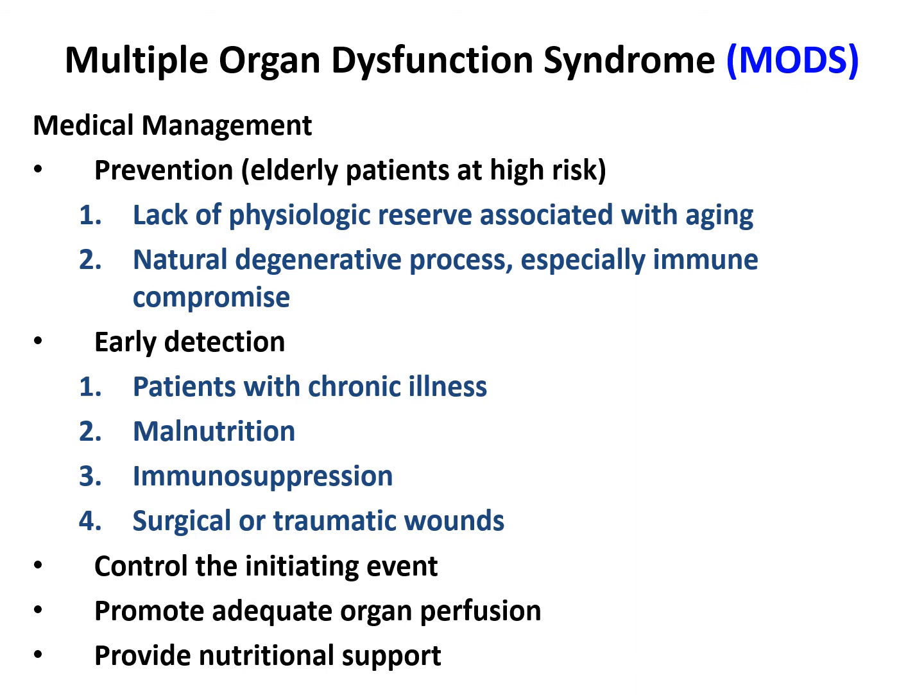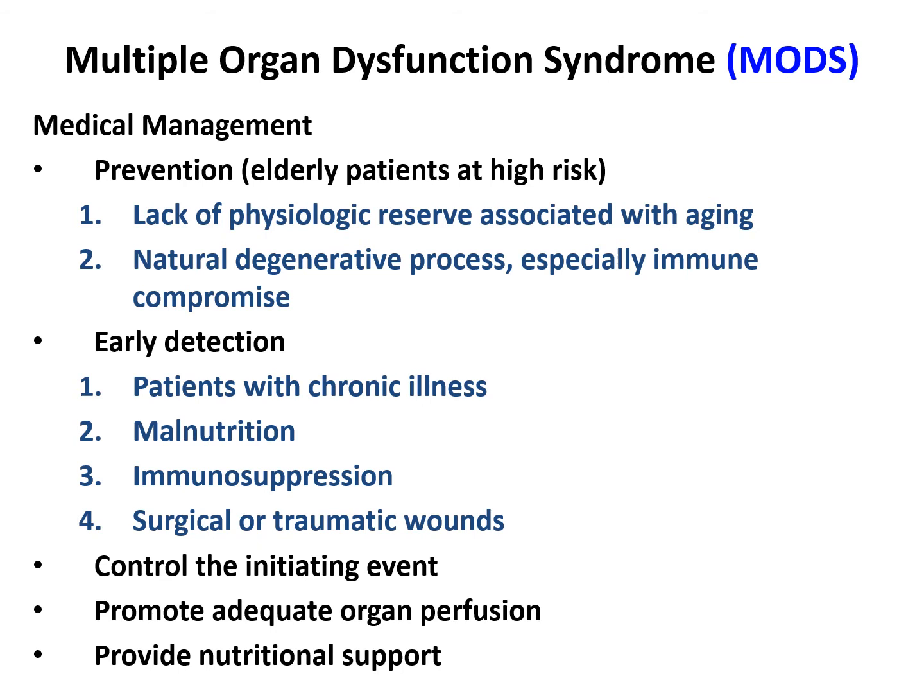And without the compensatory mechanisms, when a low perfusion state such as shock occurs, they are not able to compensate, and they're very quickly in a situation where they are going to have cell death and organ damage. The degenerative process that comes with aging and the immune compromise also compounds the problems with the elderly patient.